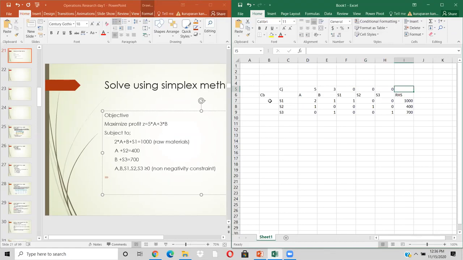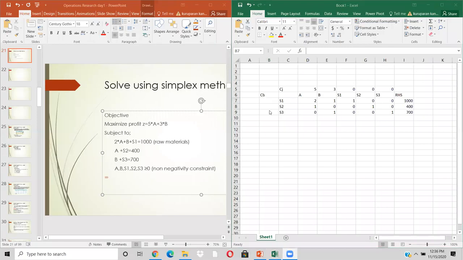What is the coefficient of S1 in the objective? How to find that? CB.